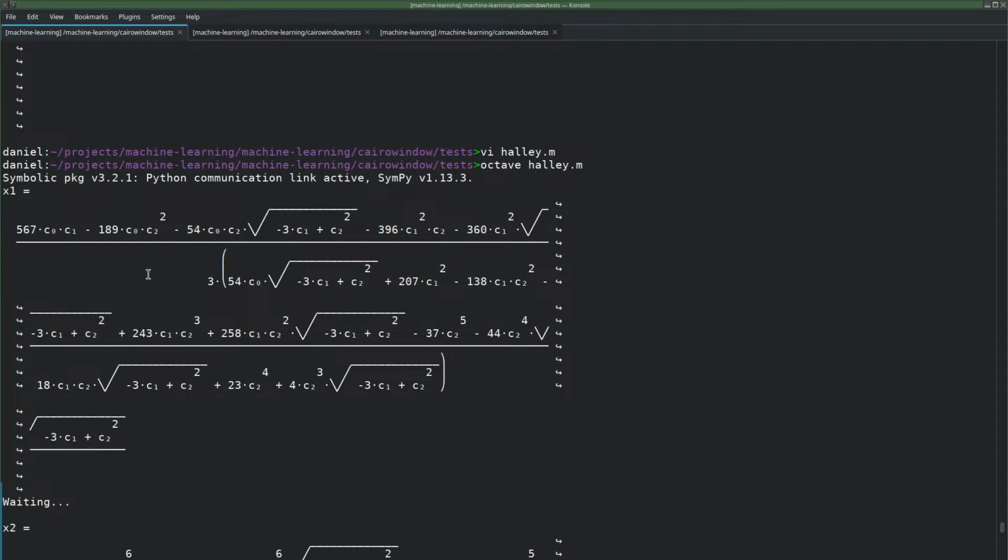It's a multivariable polynomial in C0, C1, and C2, plus a multivariable polynomial in the same variables times this square root, divided by a multivariable polynomial in C0, C1, and C2. And it remains having that form.